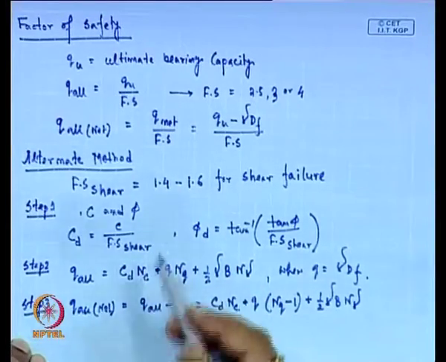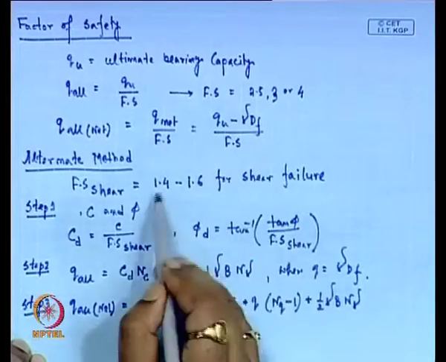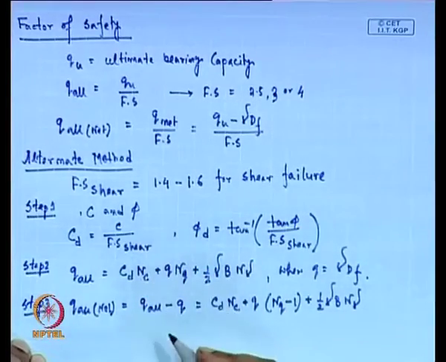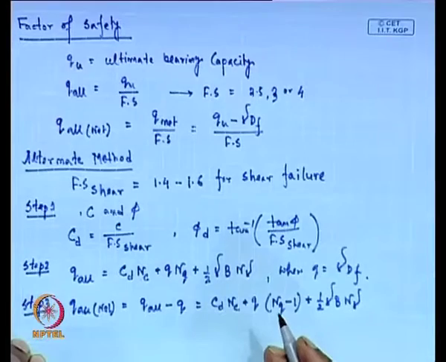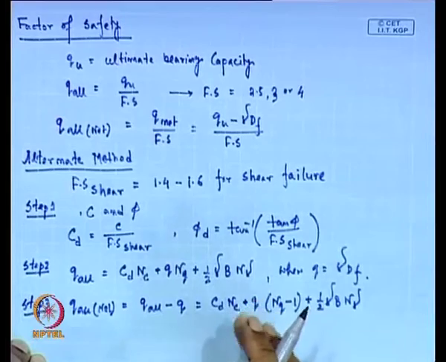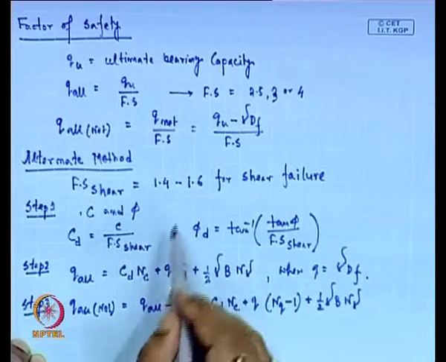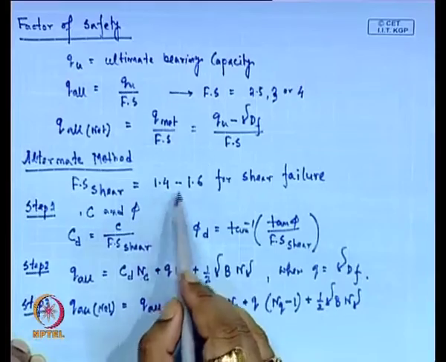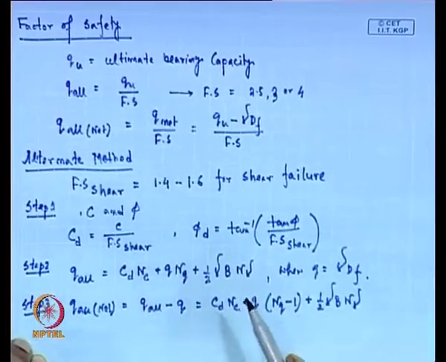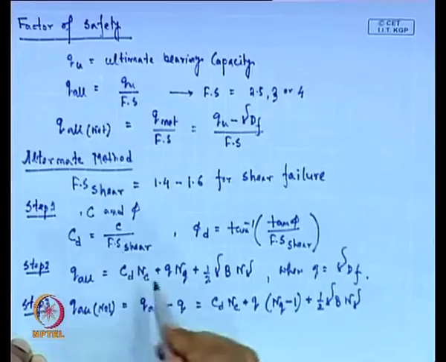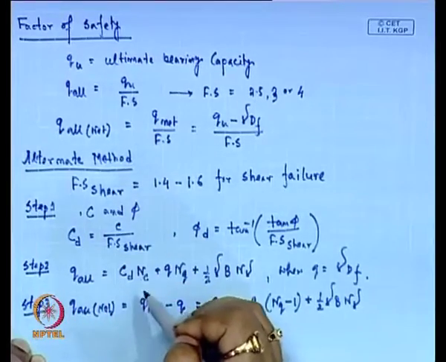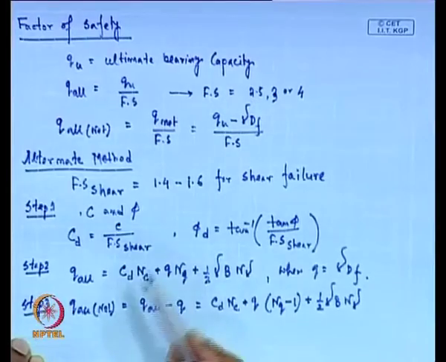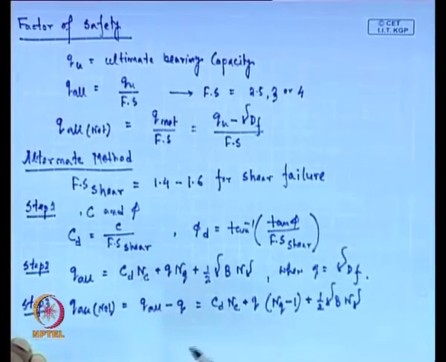This factor of safety value that we have to use during our design depends on the site condition, the risk of the structure and the importance of the structure. Those effects are very important. By considering those effects, we have to decide how much factor of safety, overall or against shear, we will choose. That is an important issue. So, these two alternate methods can be used to determine the allowable bearing capacity or net allowable bearing capacity of the soil during our design.